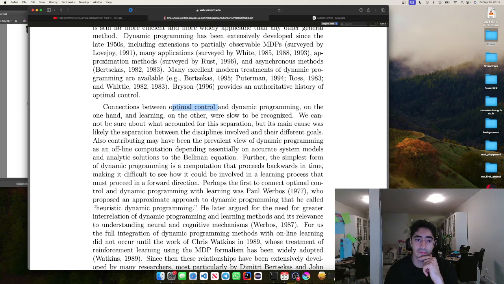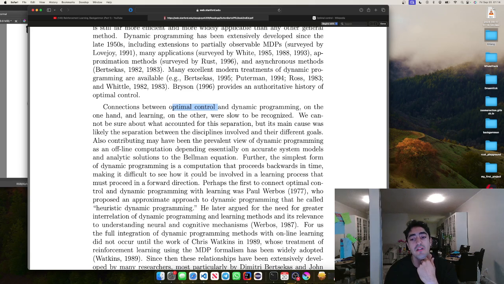Further, the simplest form of dynamic programming is a computation that proceeds backwards in time, making it difficult to see how it could be involved in a learning process that must proceed in a forward direction.